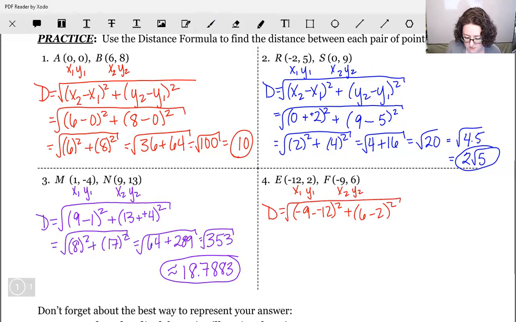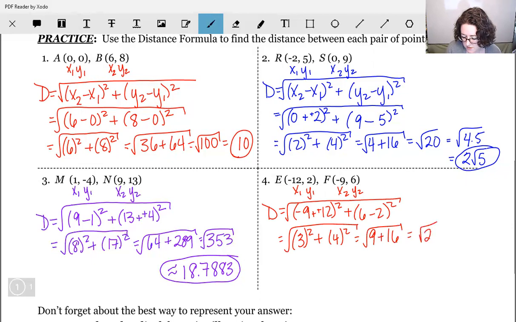Alrighty, so -9 plus 12 is going to give me a +3, and 6 minus 2 is going to give me a 4. Otherwise known as 9 plus 16, or the square root of 25. Hey, wait a second, the square root of 25 comes out beautifully. So my full answer at the end is a 5, a nice integer number.